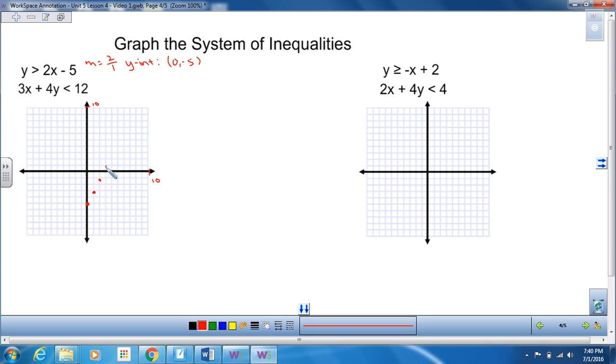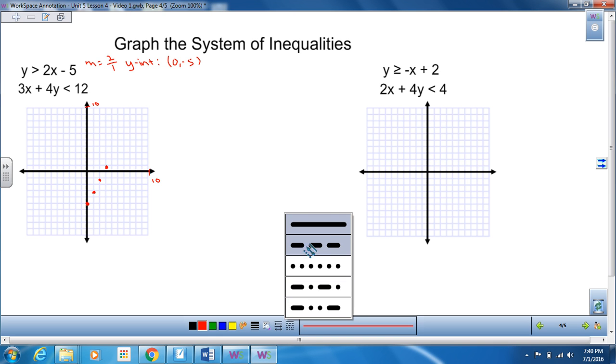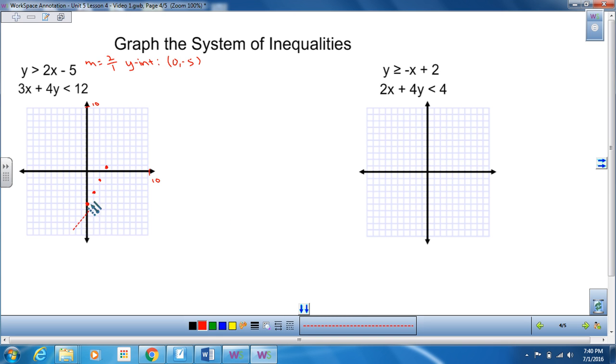Since this is not an equal to, I need a dashed line. And then I want to shade on the side of the line that's above the y-intercept because it's greater than. So I'm just going to draw these arrows for now because I really only want an overlapping region.